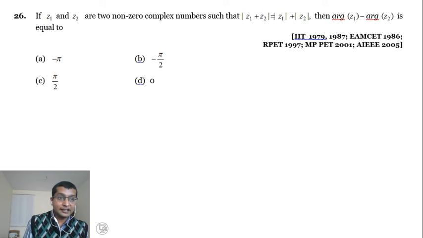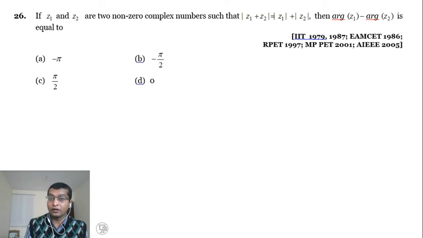Now the next example. If Z1 and Z2 are two non-zero complex numbers such that mod of Z1 plus Z2 equals mod of Z1 plus mod of Z2, then argument of Z1 minus argument of Z2 is equal to what?